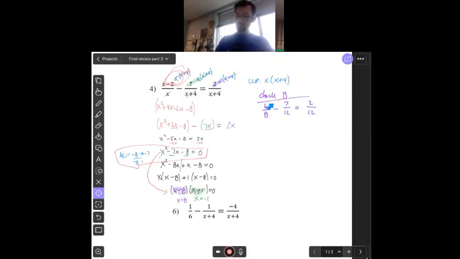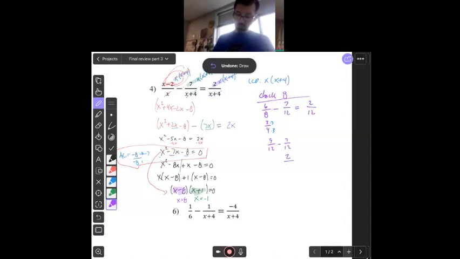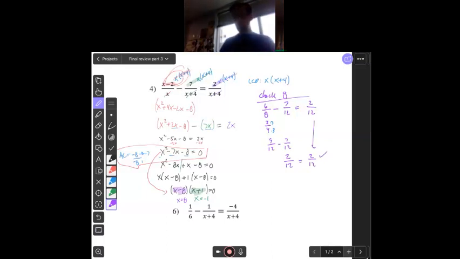I need to figure out how to get this to be a 12. That's a little weird. If I take that down to 3/4, then I can bring it back up to 12s. So 6/8 is equal to 3/4, which then I can multiply by 3 and 3. Get 9 12s minus 7 12s, which would be 2 12s. Yeah, the 8 just had a little bit of a weird check to it.